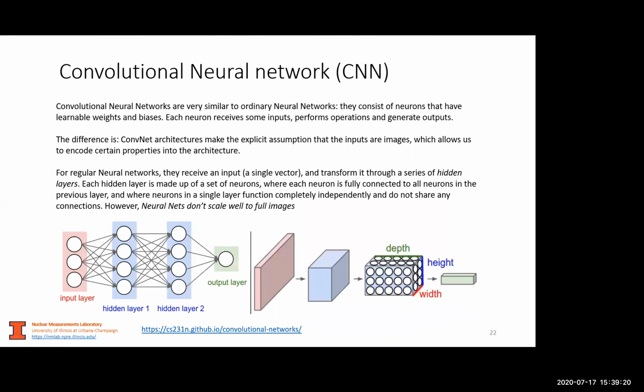So what does the convolutional network do? It is a type of neural network that is best suited to treat images. So neural networks typically are classifiers that are used in two stages.